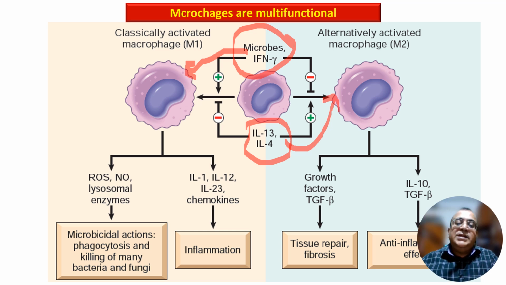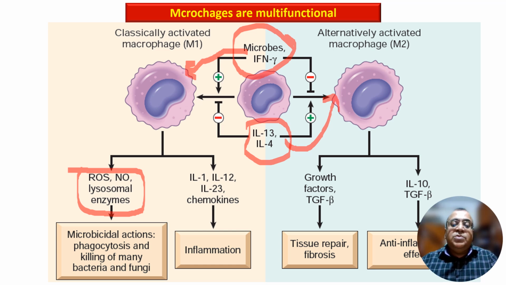The classically activated macrophages are pro-inflammatory, and this action is through the reactive oxygen species, reactive nitrogen species, lysosomal enzymes that are responsible for microbicidal action, phagocytosis, and killing of many bacteria and fungi.